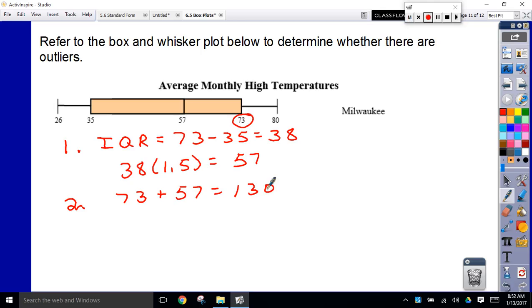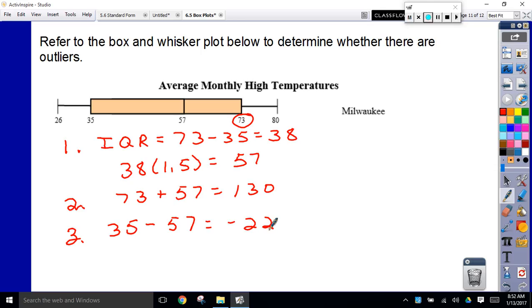This fits within that range that we've just created. On the other end, we start with the lower quartile and we subtract the 57, and we get negative 22. So we could go all the way to negative 22, and those would not be considered outliers.